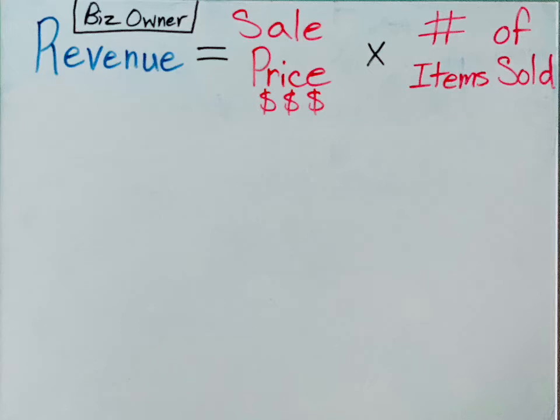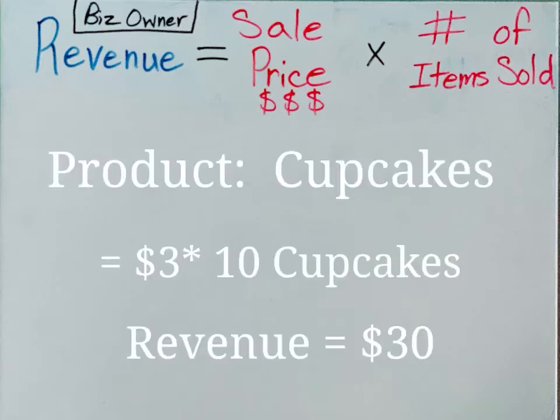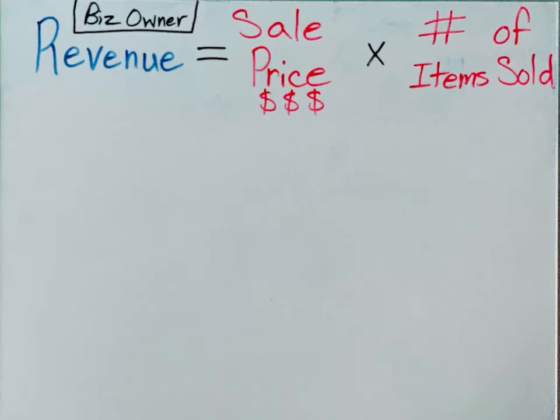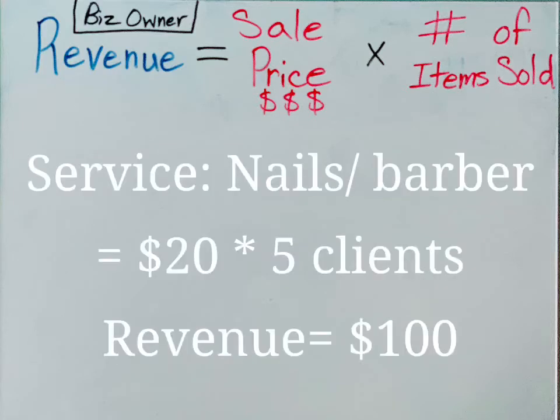As an example, for a product-based business, if you sold 10 cupcakes at $3 per cupcake, then your total revenue would be $30. And it'll be the same process for a service-based business as well.